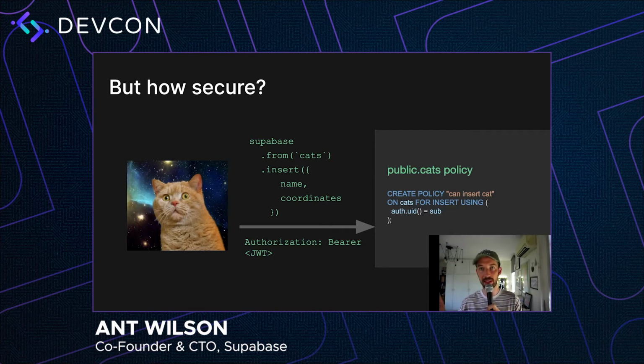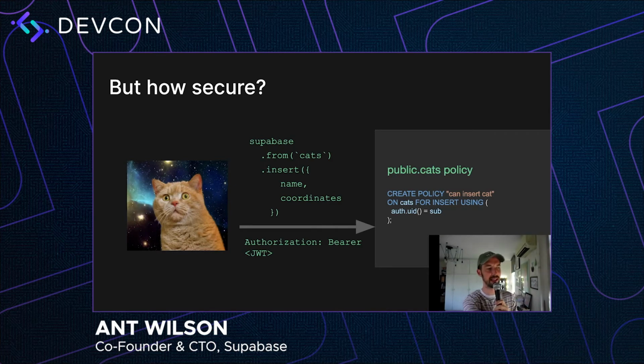I could list insert, update, delete, maybe, using this policy and using we have auth.uid is equal to sub. Now this just means that the first side, on the left side of the equals sign, is us plucking out the sub value from the JWT that was passed in. And what we're saying is the row that we're trying to insert, if that is equal to the UUID that we've passed in the request, then allow the user to set this value.